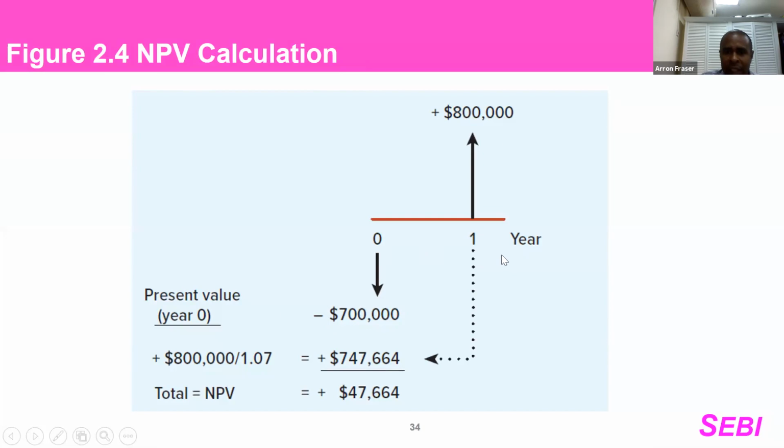Then the 800,000 that we expect at year 1 is discounted to present value by multiplying it by the discount factor. That gives you the present value of 747,664. The net present value is then the difference between the initial investment and the present value of the future cash flow of 800,000. So this is just a graphical depiction of what we just went through.